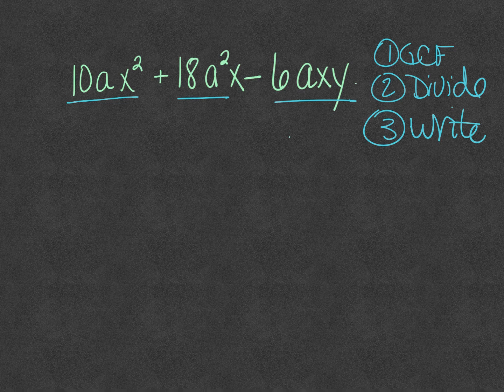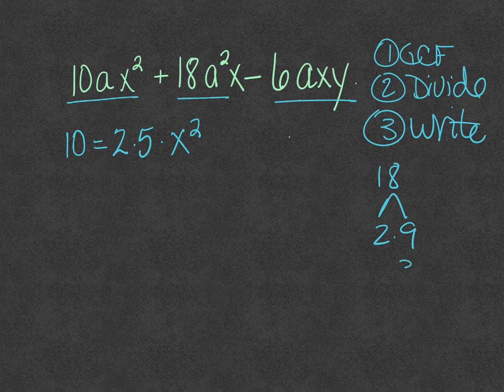Okay? All right, so I know that 10 equals 2 times 5 times x squared. 18, you may not know that off the top of your head, 2 times 9, which of course is 3 times 3.